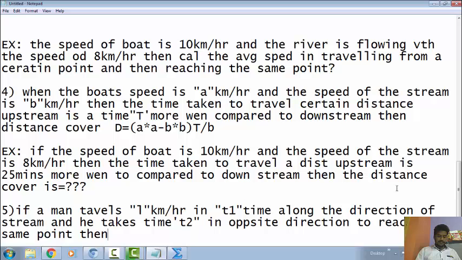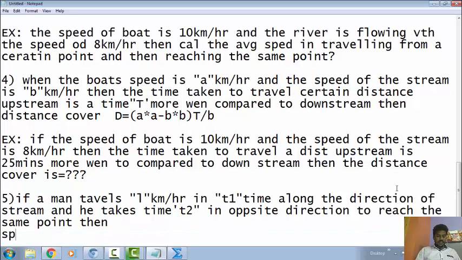Okay, then the speed of man or boat is equal to L divided by 2 into 1 divided by T1 plus 1 divided by T2.